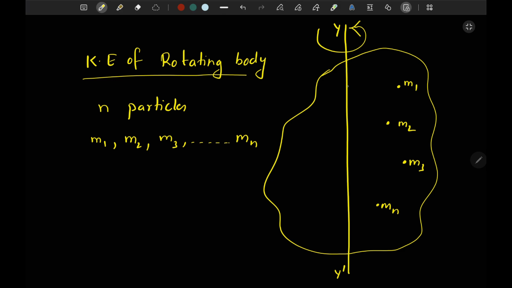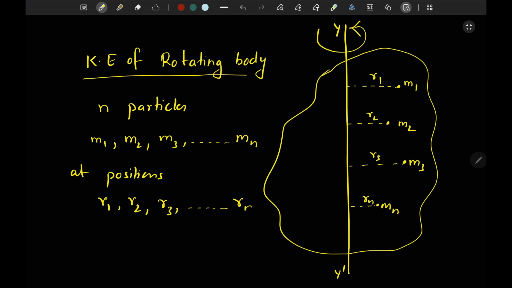And these particles are at distances r1, r2, r3, up to rn at positions r1, r2, r3, rn respectively.